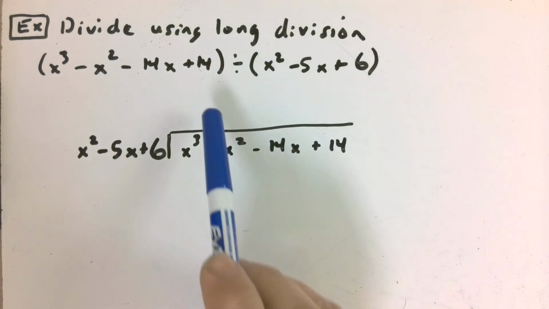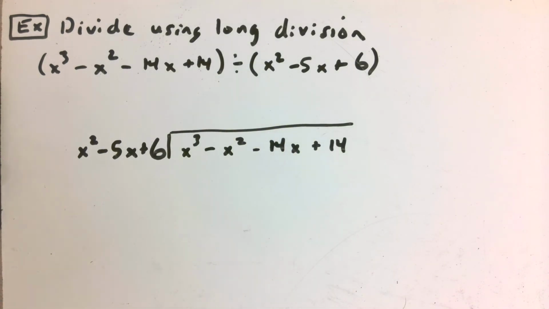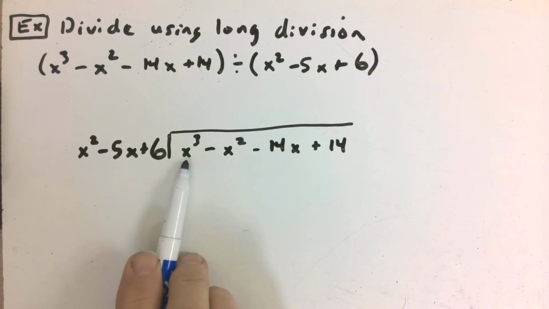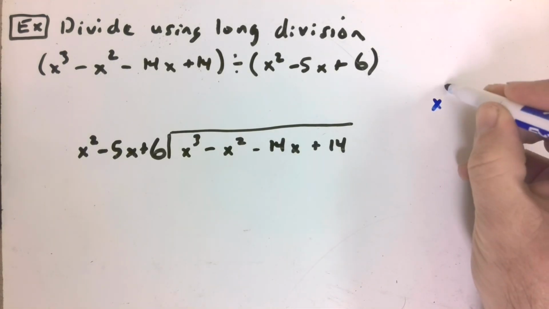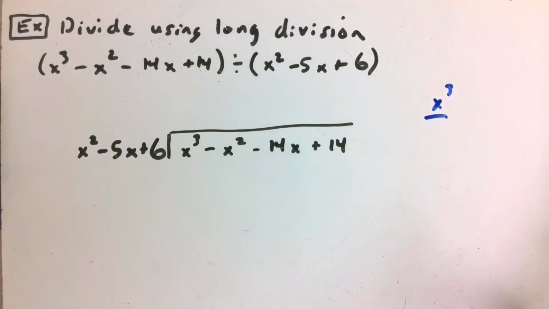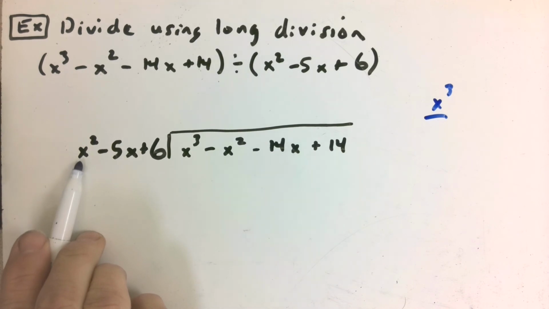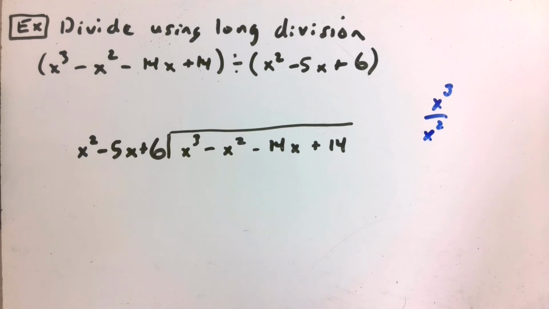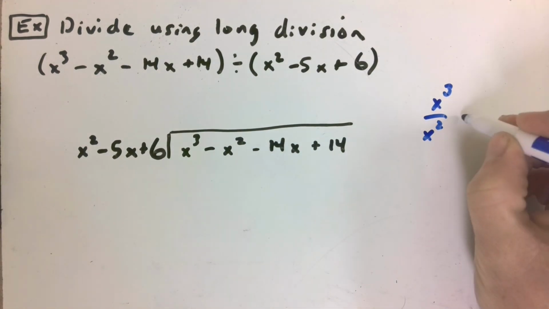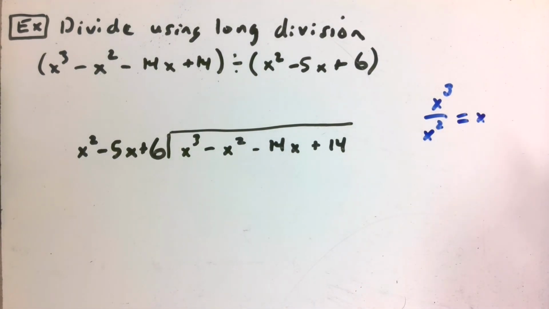To figure out what goes in the top, the first part of that process, you should take the first term here inside of our long division symbol, which is an x to the third, and you should divide that by whatever your lead term is out here in front. So for this problem, we would have an x to the third power over an x squared, and if you reduce that down, you just get an x.